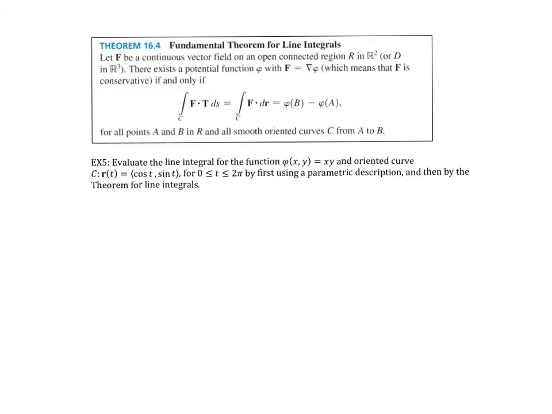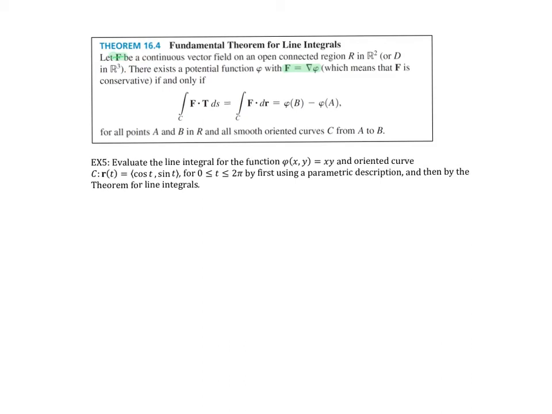So now we're going to look at theorem 16.4, which is our fundamental theorem for line integrals. So this corresponds with the fundamental theorem of calculus, but it's applied to line integrals. So let's say that we have this vector field f, and let's say that we have our potential function so that f is equal to the gradient vector field of phi. So f is conservative.